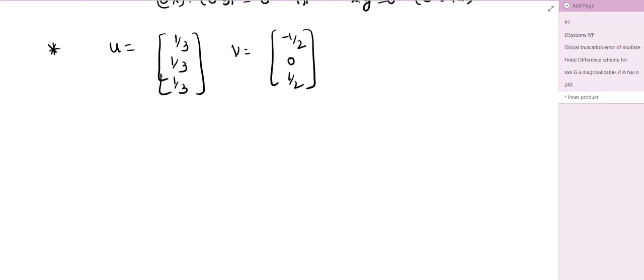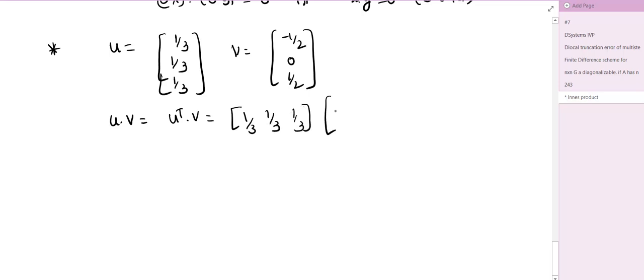That is u dot v, so u transpose into v. That is 1 by 3, 1 by 3, 1 by 3 into minus 1 by 2, 0, 1 by 2. This is equal to minus 1 by 6, 0, plus 1 by 6, which is equal to 0. Hence, u and v are orthogonal.